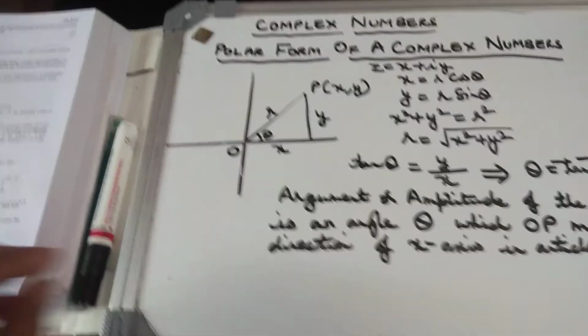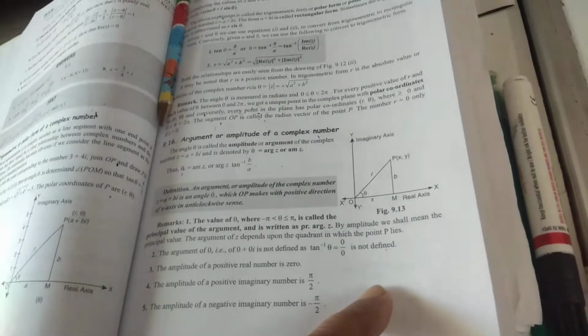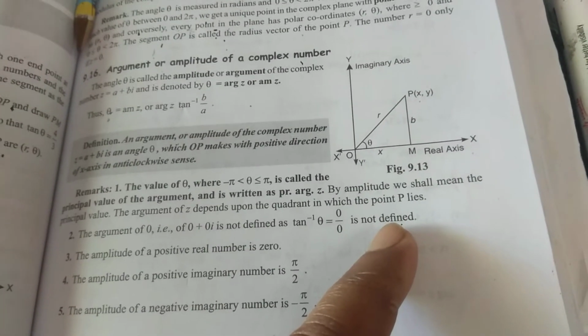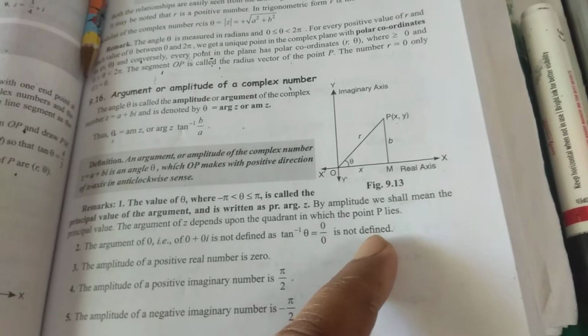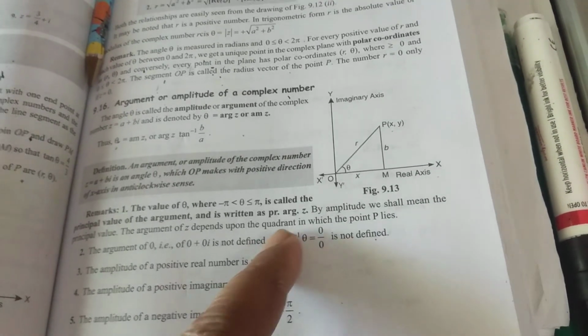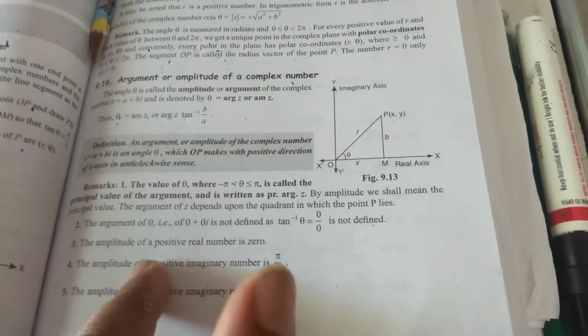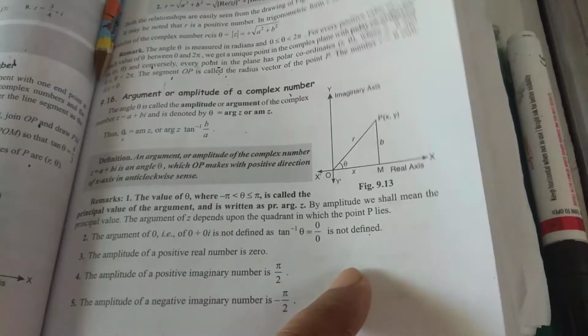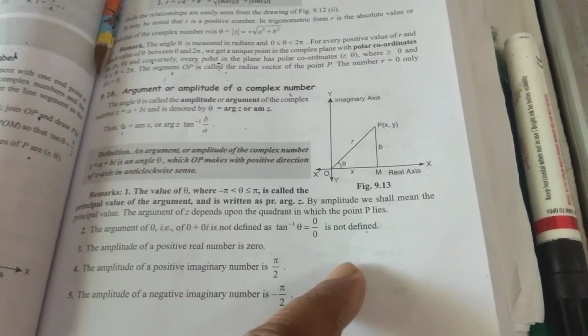Now there are a few more properties of modulus and argument. The argument of 0, that is 0 plus 0i, is not defined, since tan inverse of 0 upon 0 is not defined. The argument of a positive real number is always 0.